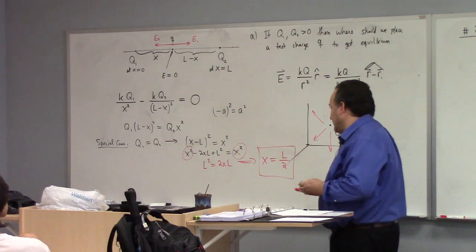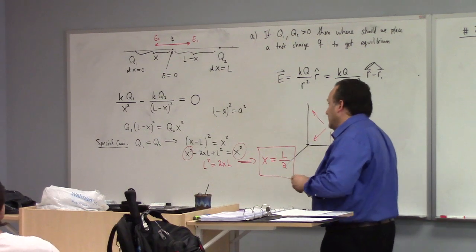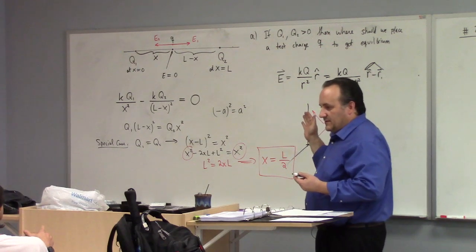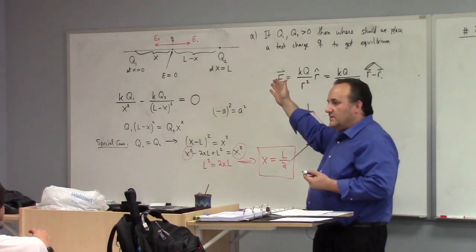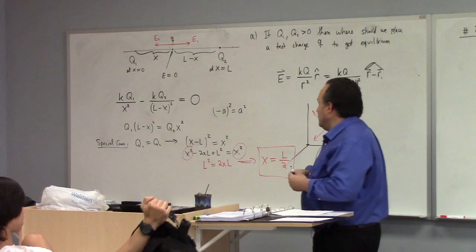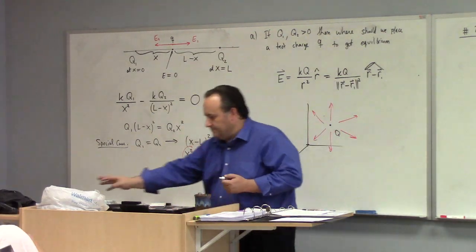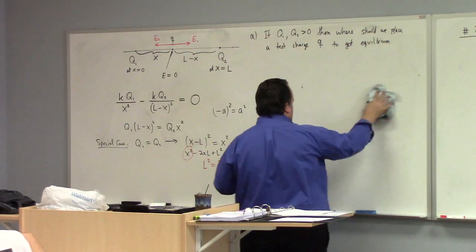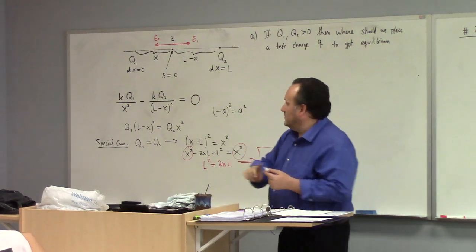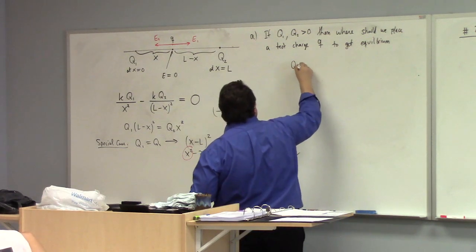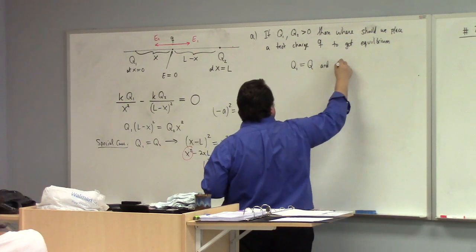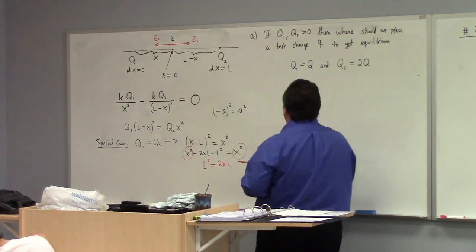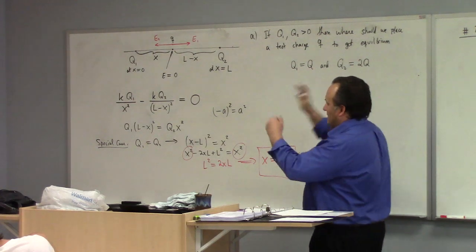Let's make it uglier. Let's see if we can do this math when it's uglier. A good way to make this a more interesting test question is, instead of putting Q1 equal to Q2, simply make Q2 equal to twice the charge of Q1. Same basic setup, but this time Q1 equals Q, and Q2 equals twice Q1, or just twice Q. That doesn't change any of the physics.